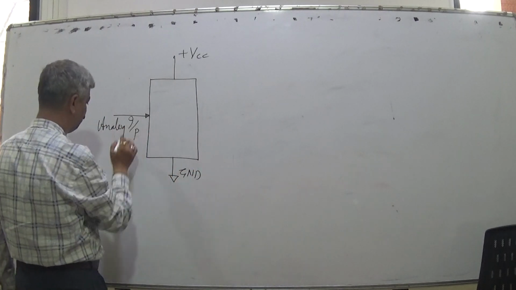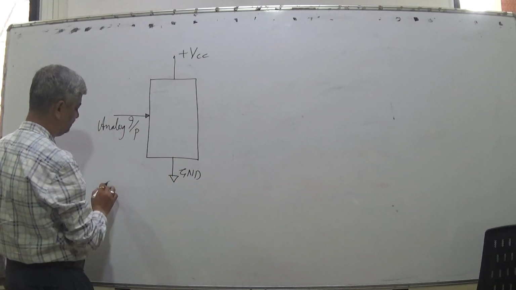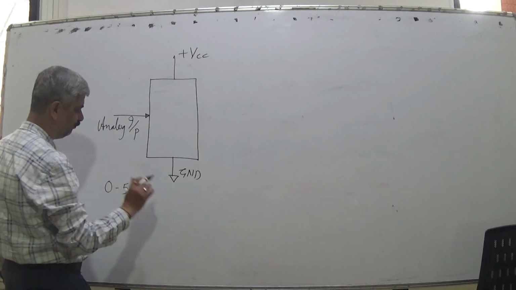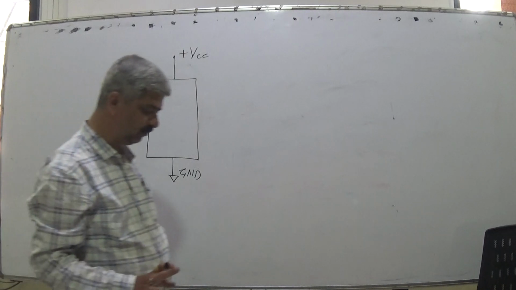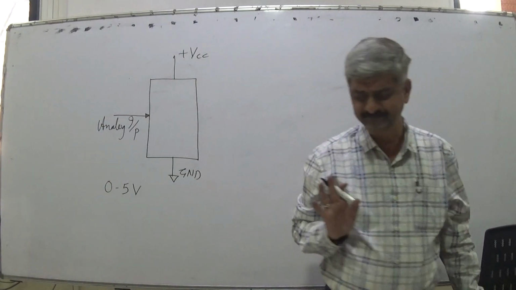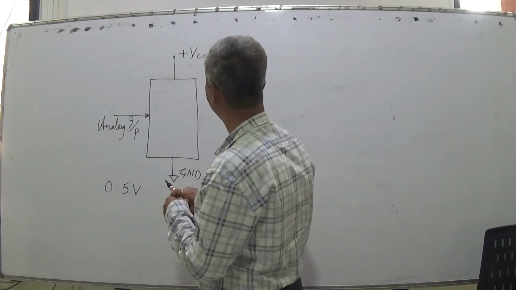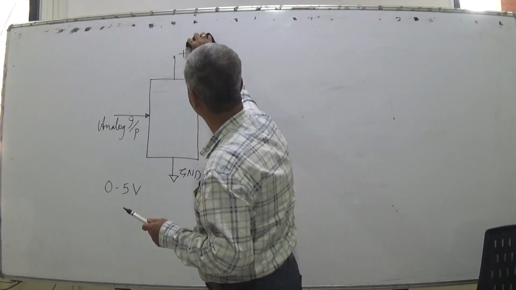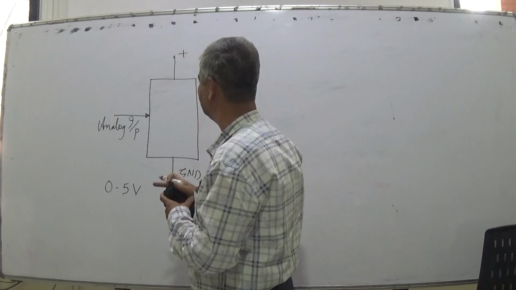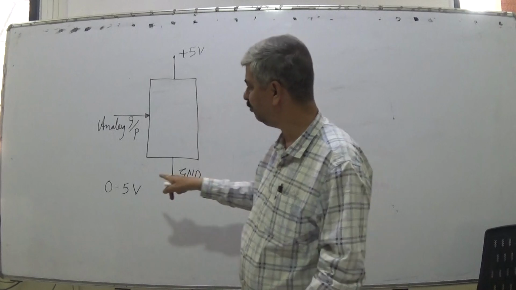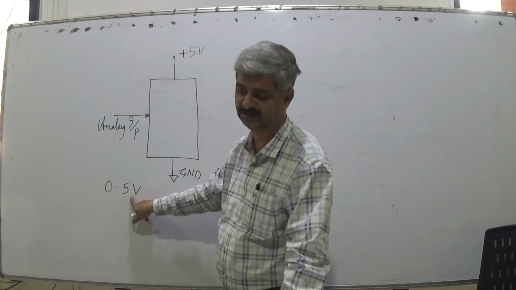The voltage range is 0 to 5 volts. This supply we normally take to be 5 volts, but that is not something critical right now, that is not our botheration. So 0 to 5 volts is the analog voltage.